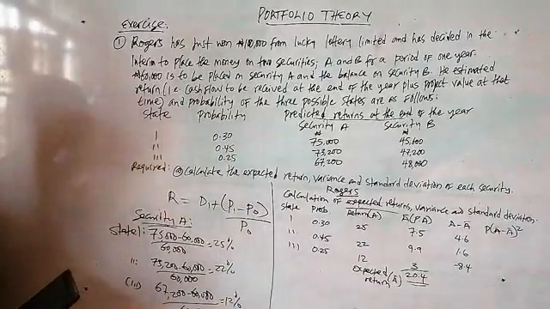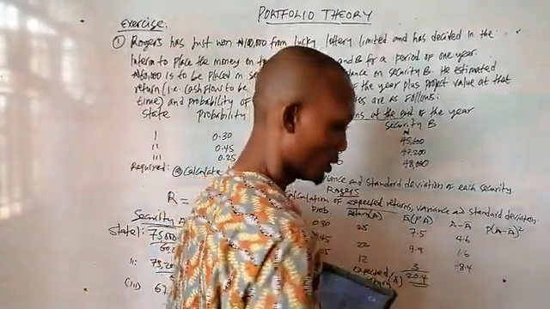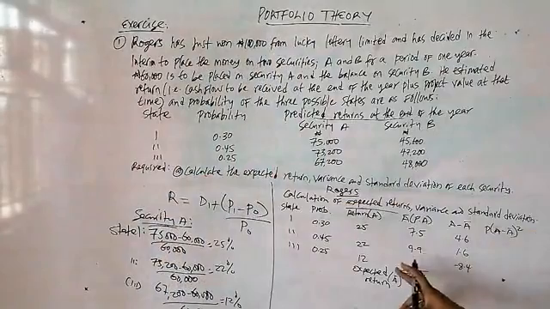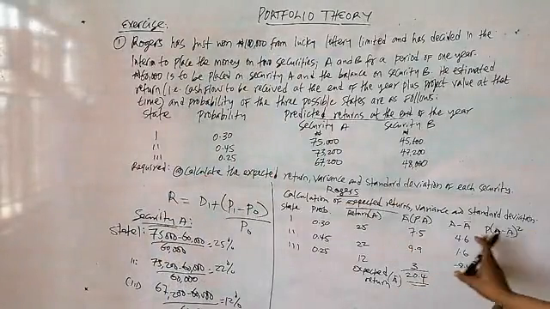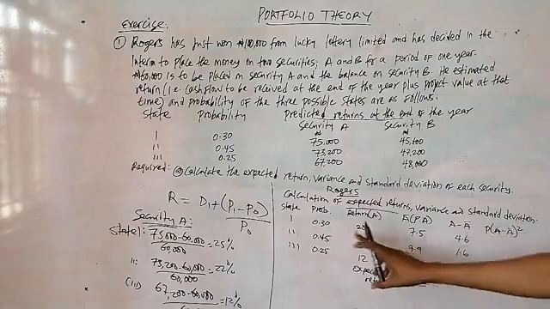We want to multiply this. You square A minus A bar and multiply it by the probability.